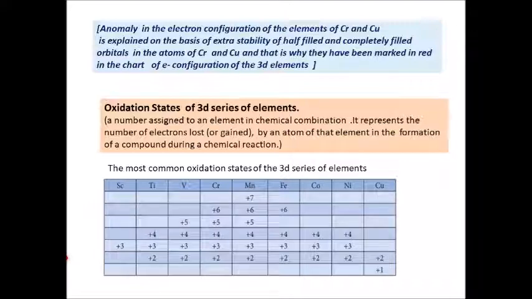So from titanium to nickel, they can all show plus 2 oxidation state compounds, and even plus 5 oxidation state is observed from vanadium to manganese. Of course, chromium, iron and manganese show plus 6 oxidation state, and the maximum is plus 7, as you can see in manganese. The element which will show the highest oxidation state in its oxides.